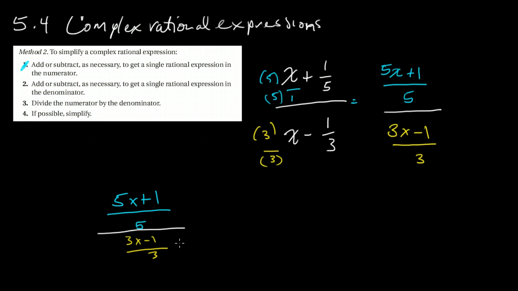Alright, now this is just division, right? So we can rewrite that as 5x plus 1 over 5 divided by 3x minus 1 over 3. Now this part is done.